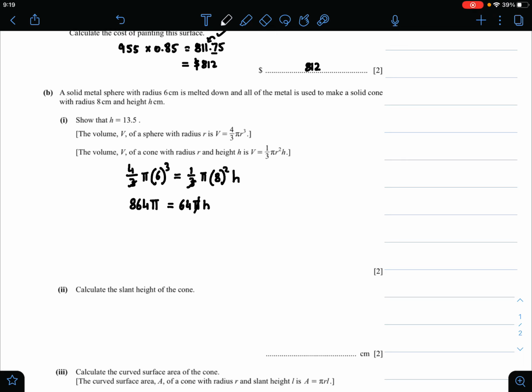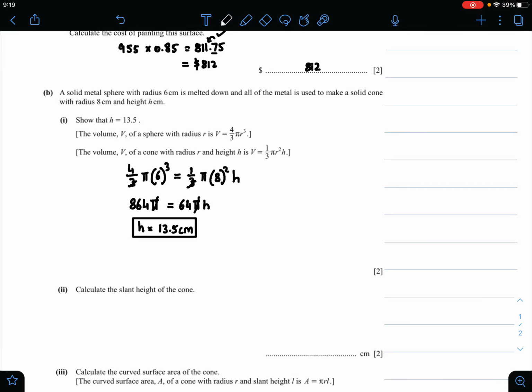Now we can cancel the two pi's, because if you move either one to the other side of the equation, it will become division, so pi divided by pi is equal to 1. Therefore h will be equal to 864 divided by 64, which is equal to 13.5 centimeters, and therefore this will be your final answer for part B1 of this question.